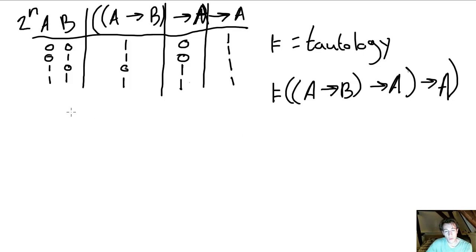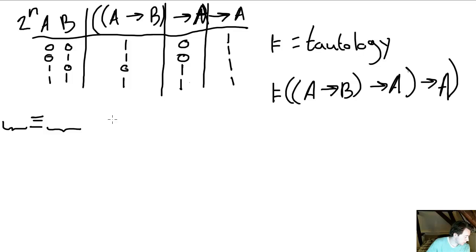Well, then we have another sign, and this is this sign, and this means that this statement has the same truth table as this statement.